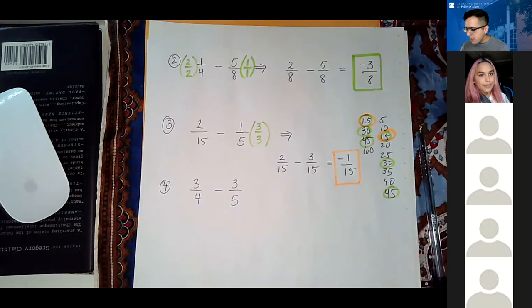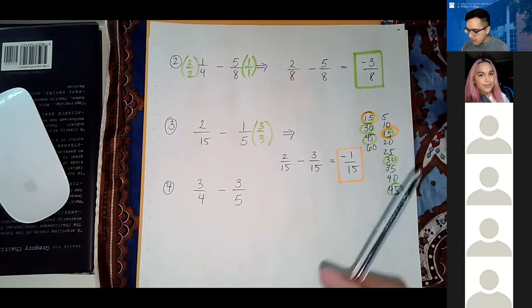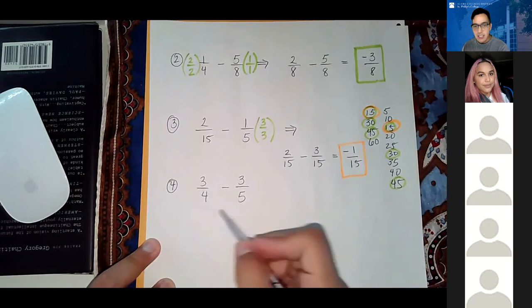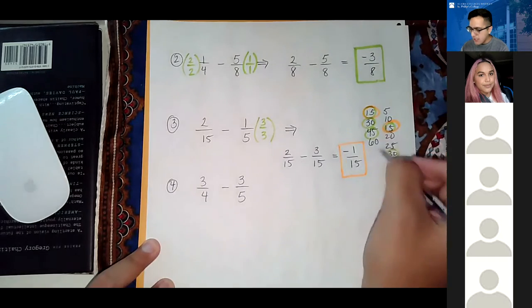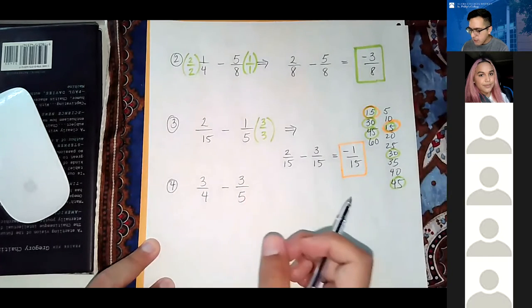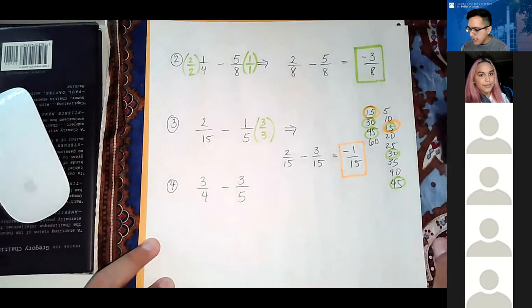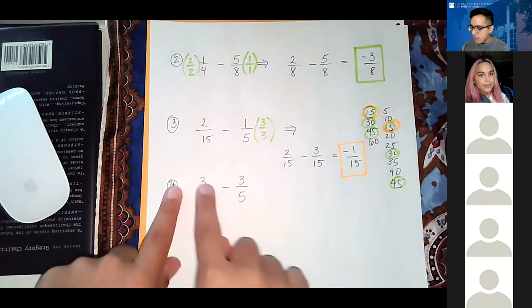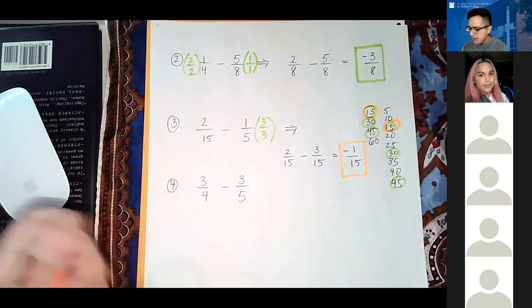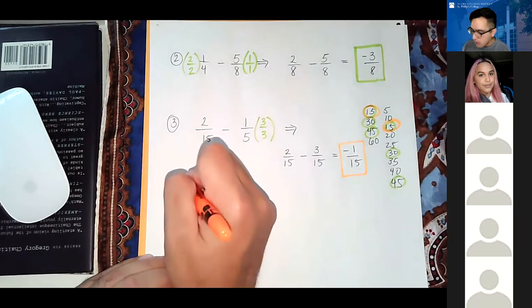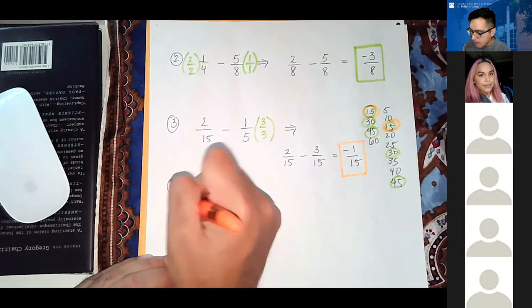Cool. And then just to finish this off, if you look at these fractions, as opposed to listing out the multiples, one thing that you could do to just go ahead and find that LCM really quickly is just multiply this fraction by this denominator, right? So I would multiply this fraction by 5/5.